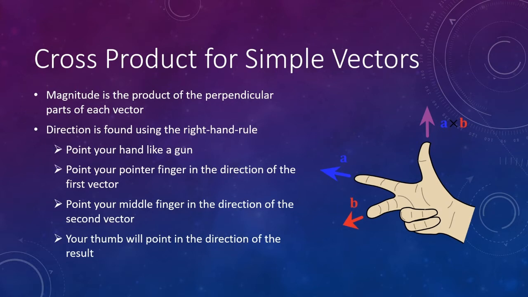Regardless of where those two original vectors are pointing, you're always going to keep your hand in that shape. So you'll just rotate your hand however you need for the particular problem. To give you an idea of how this works, we're going to do a number of examples here.